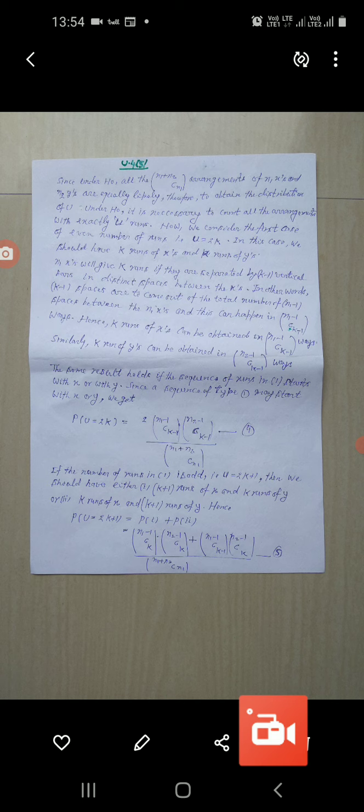Hence probability u is equal to 2k plus 1 is equal to probability of 1 plus probability of 2.